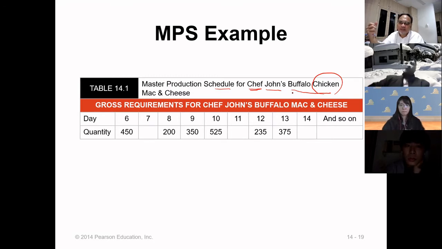Let's focus on just the burgers. Can you tell me what kind of burgers they produce? What kind do you like? What kind of burgers in McDonald's would you want to eat?